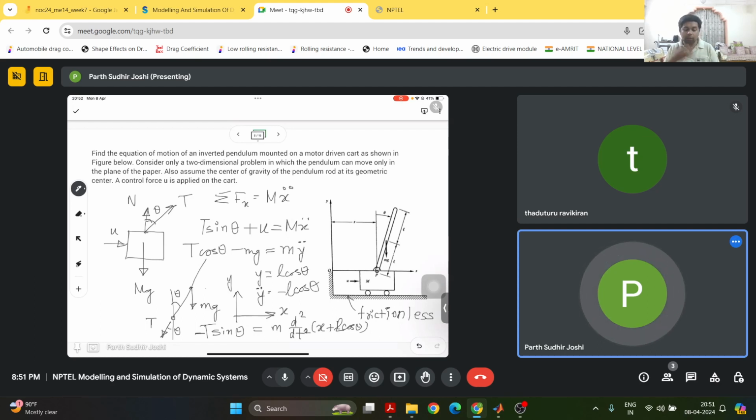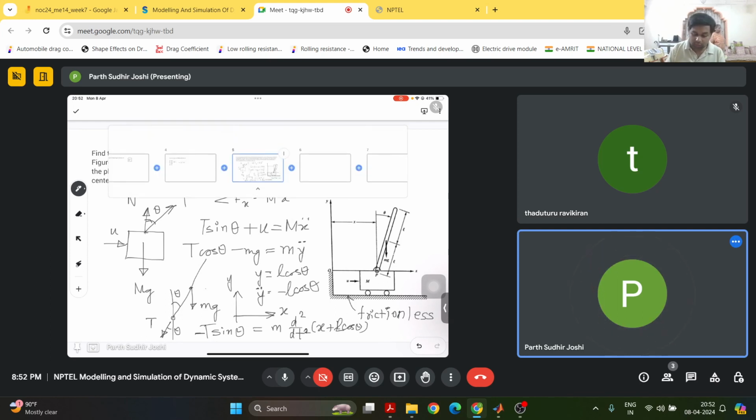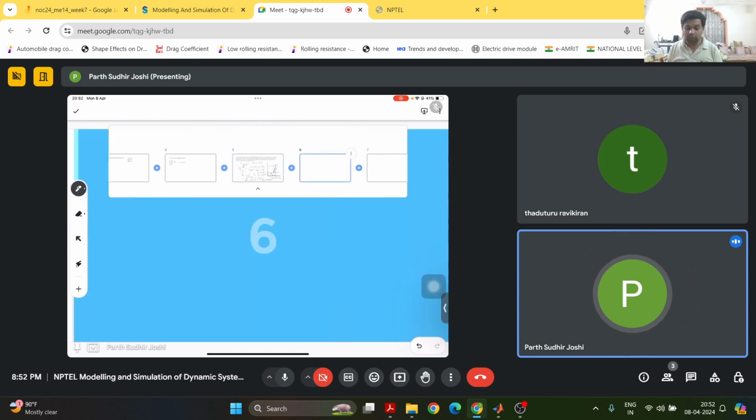So these are our equations of motion. So we can further use some more algebra, like let us rewrite these equations here.